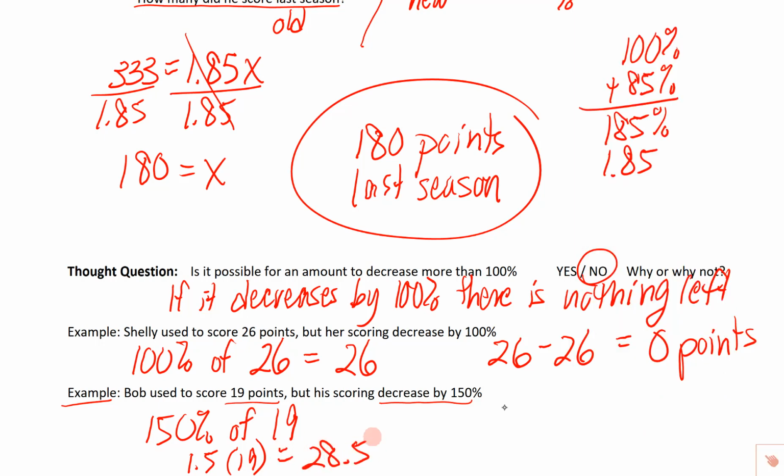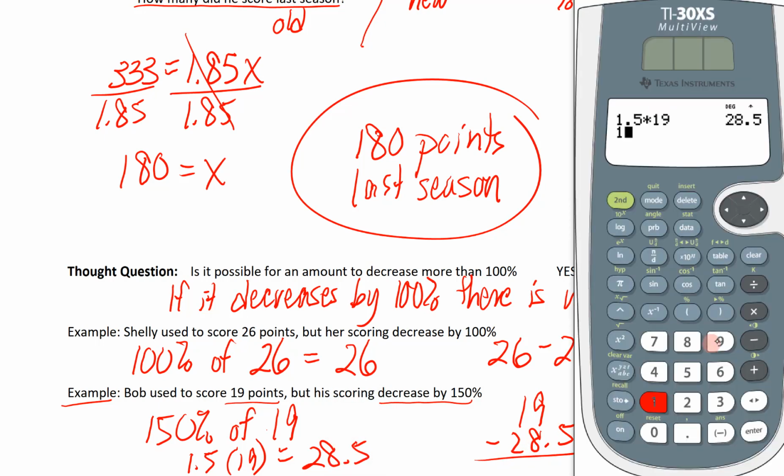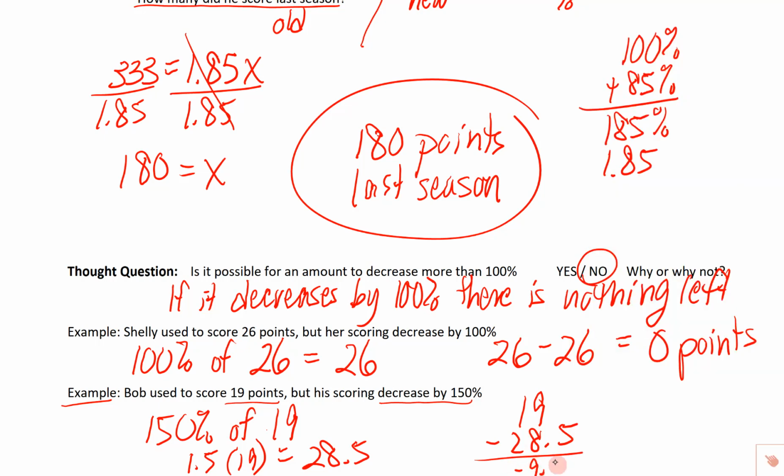So if he starts out scoring 19 points, and then he decreases by 150%, well, 150% of 19 is 28.5. And if we take 28.5 away from 19, that's going to be negative 9.5. And you really can't score negative points. So you can see you really can't go below 0 points. And so you really can't decrease by more than 100%.